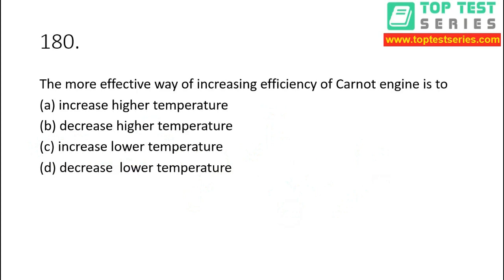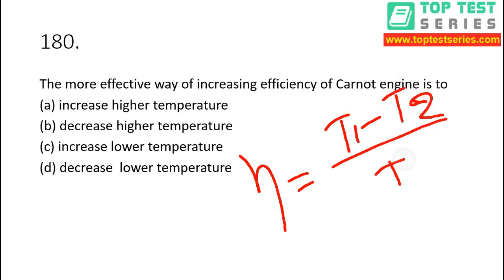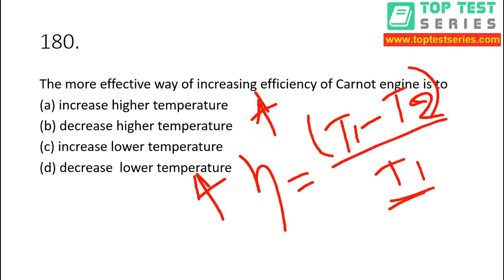Question number 180. The more effective way of increasing efficiency of a Carnot engine is to. For this we have to write the formula (T1 minus T2) by T1. Now, look at this, my dear. If the value of this term is more, that means efficiency will increase, provided T1 is constant.